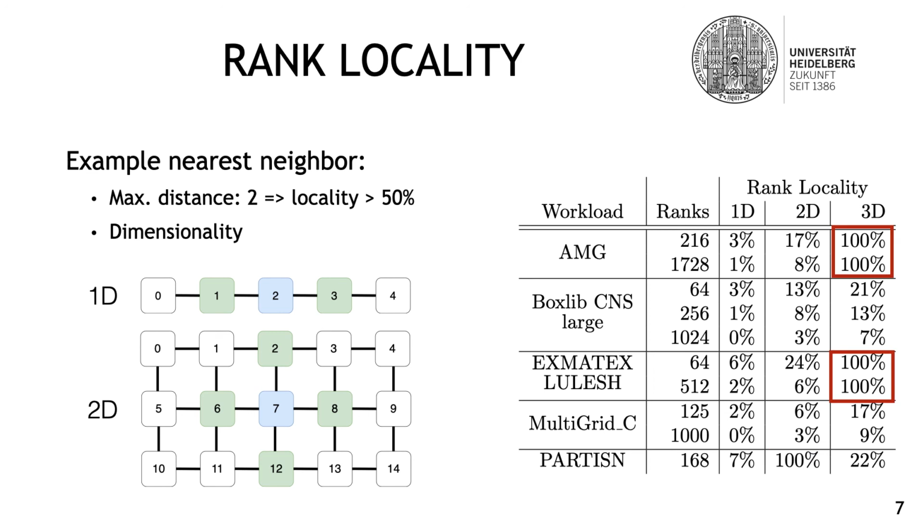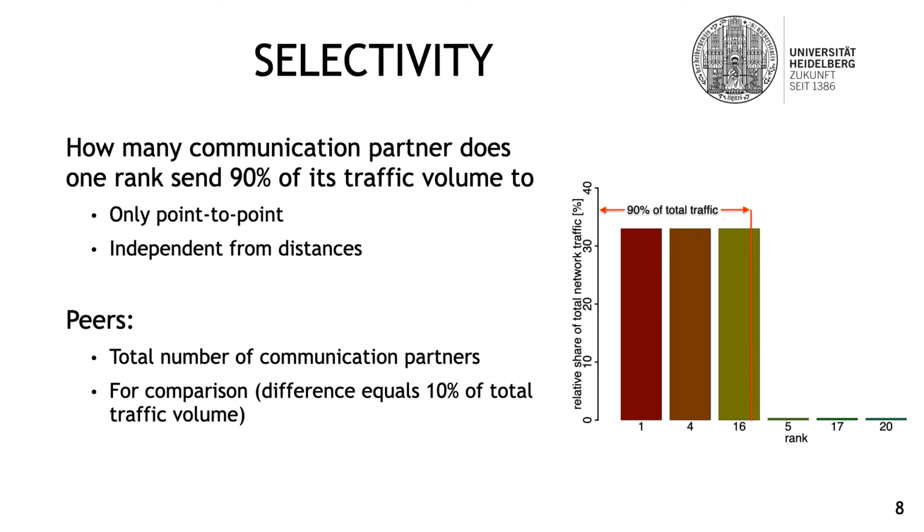And we have in AMG and Lulesh 2 workloads with a nearly perfect 3-dimensional communication pattern. And we have in BoxLib and MultiGrid C 2 applications that don't show any nearest neighbor communication behavior. So in summary, this metric can help to easily identify communication patterns in a formal way.